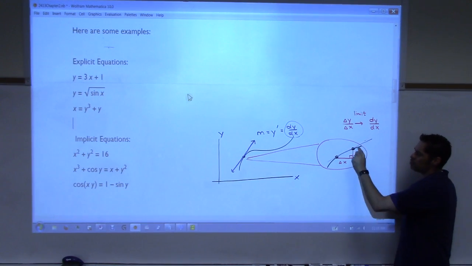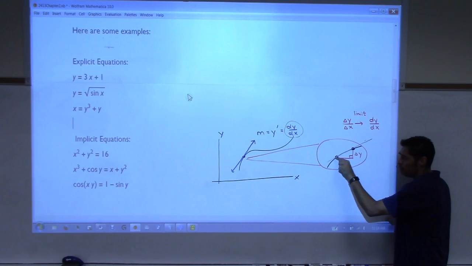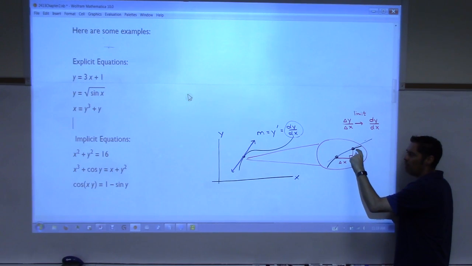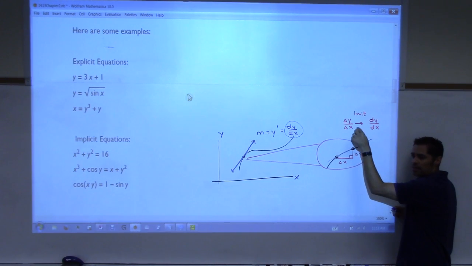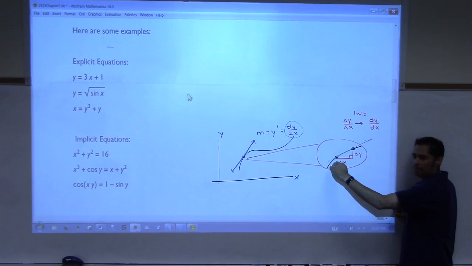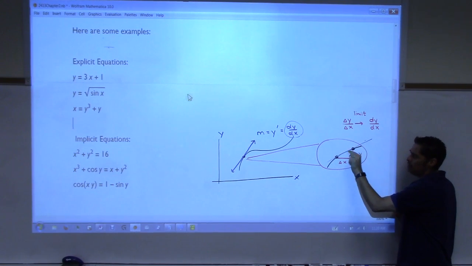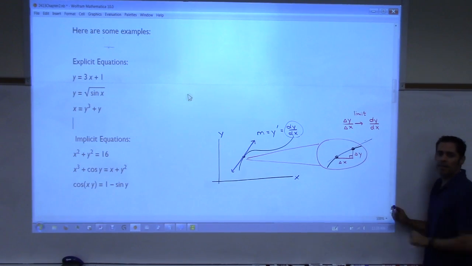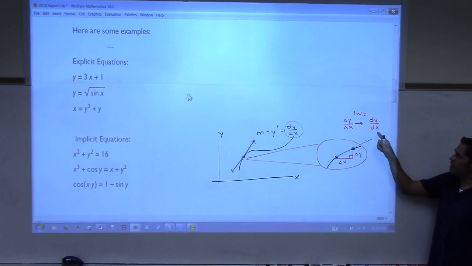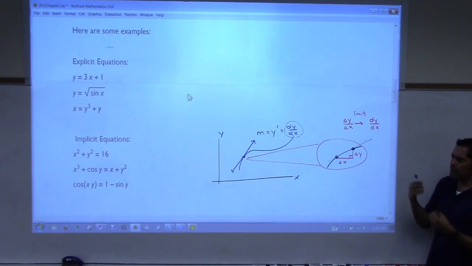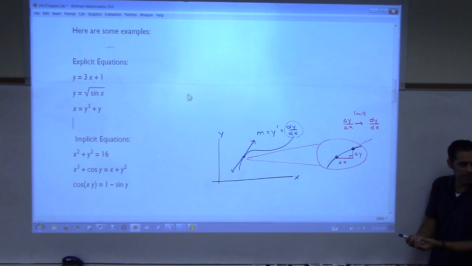But if you look at this little triangle, before we move the point, this is the change in x, delta x. This is the change in y. So slope is defined to be rise over run. We take that ratio, delta y over delta x, that gives us the slope of this purple line. We take the limit, that moves the point on top of the other point, and that's where we get this notation, dy dx. So dy dx implies that a limit has been taken.